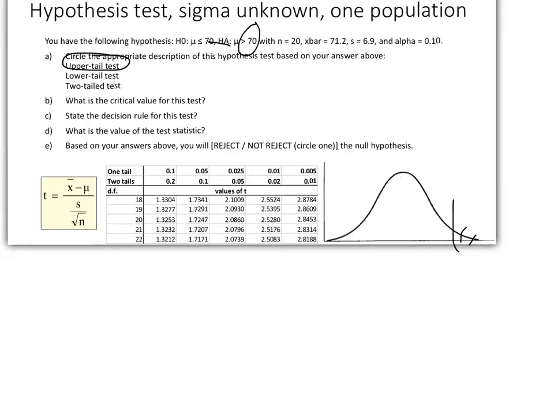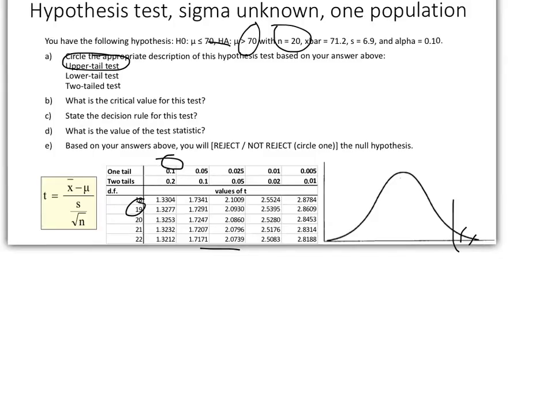And to determine that, we would look at our student's T table. We've got an excerpt of that here, and we're going to look at degrees of freedom. So we have an N of 20, so degrees of freedom is 19, and our alpha value is 0.10 for a one-tailed test.